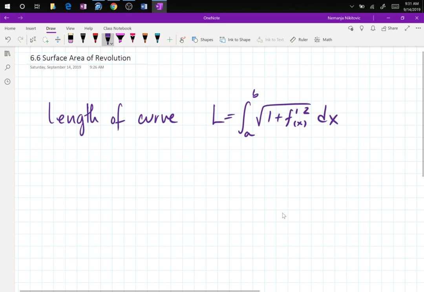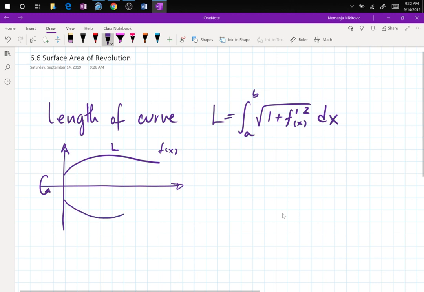So when you have some kind of a curve f of x, we can calculate its length using the formula that we learned last class. But now if I decide to rotate that curve on the x-axis, it is going to create a shape like this.